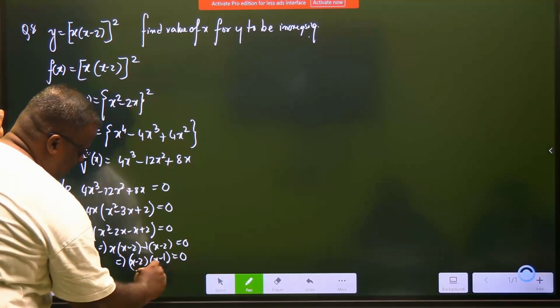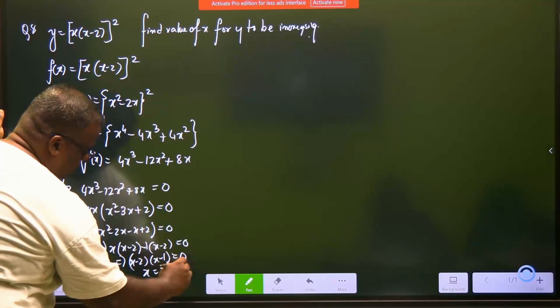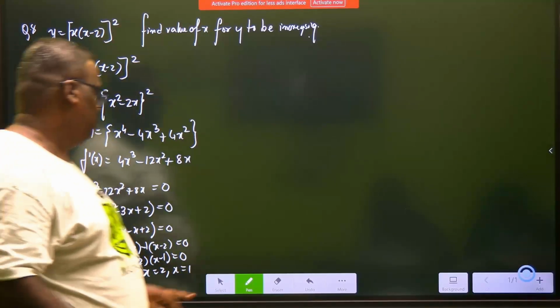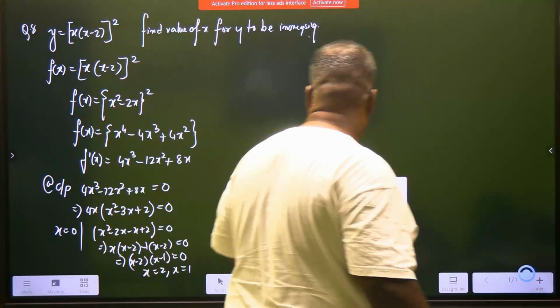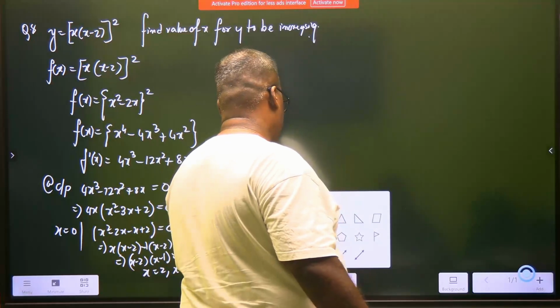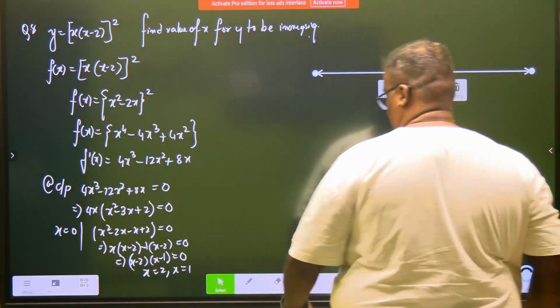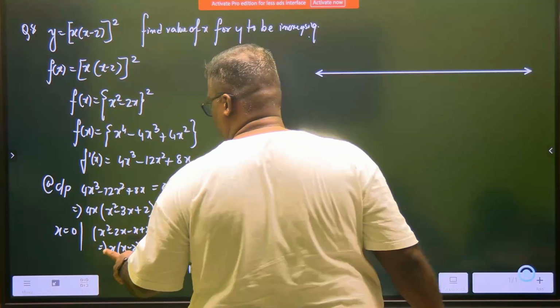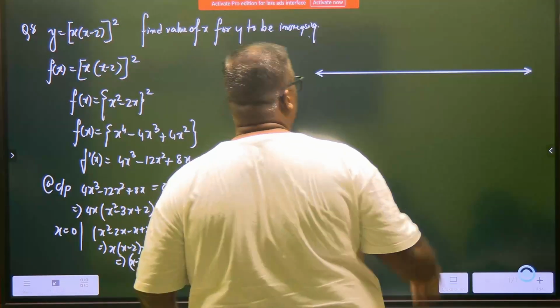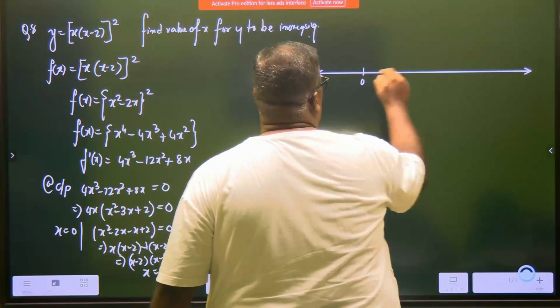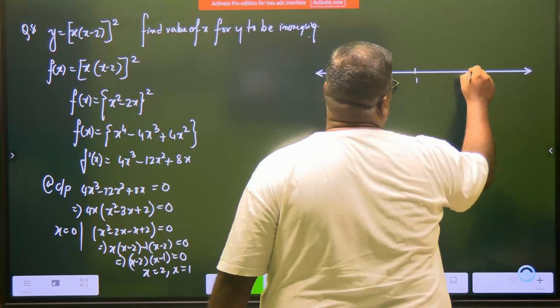So you get x is equal to 2 and x is equal to 1. These are the three critical points that we have obtained. Right, children? So we have x is 0, 1, 2.